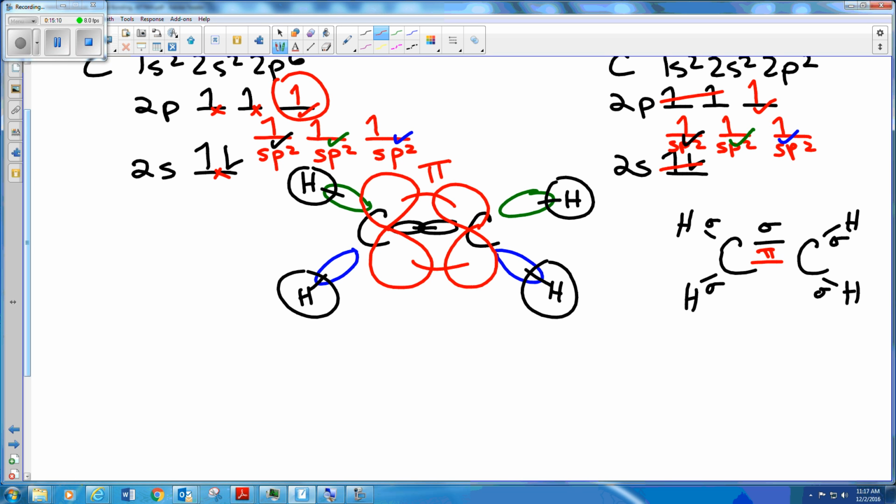Those orbitals really represent one bond, and the p orbitals are enveloping really that entire carbon area. That's where those two electrons have the highest probability of being found.